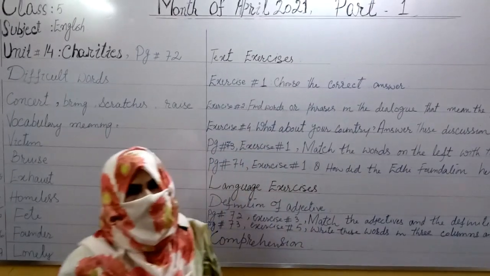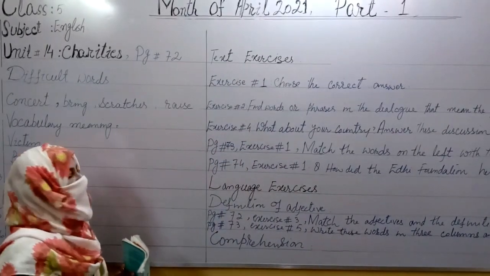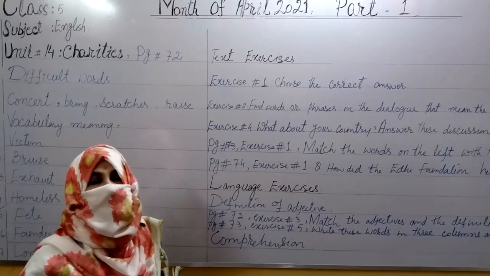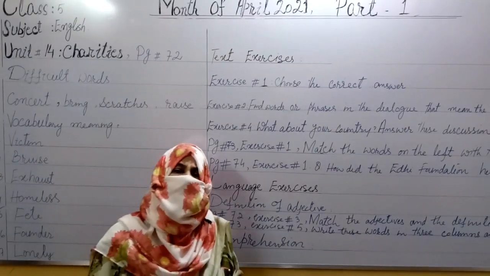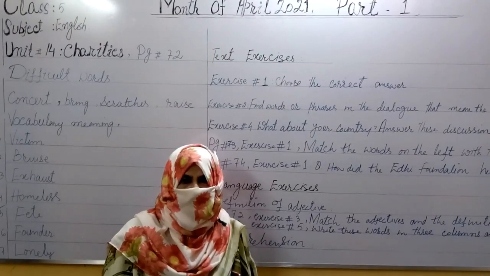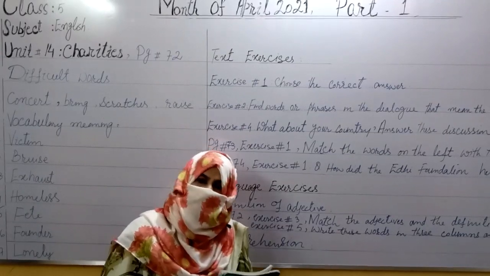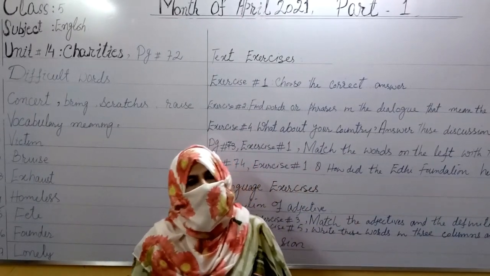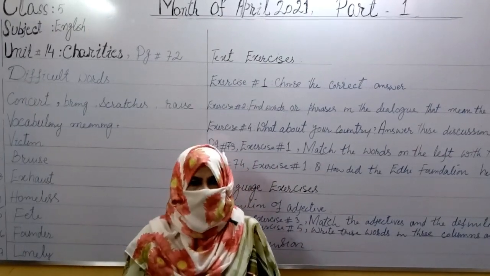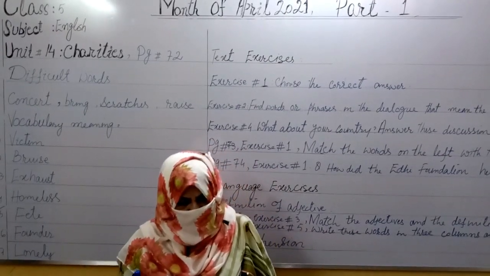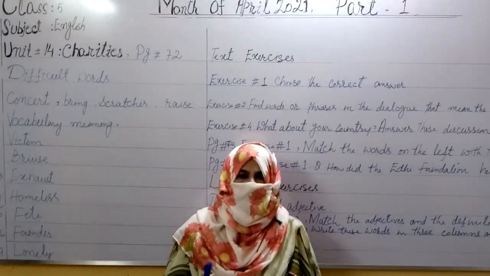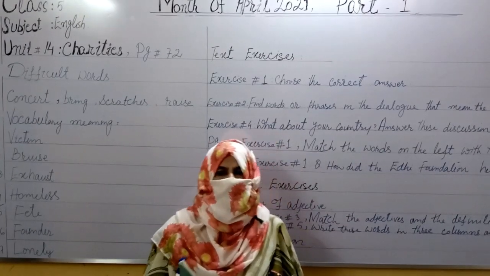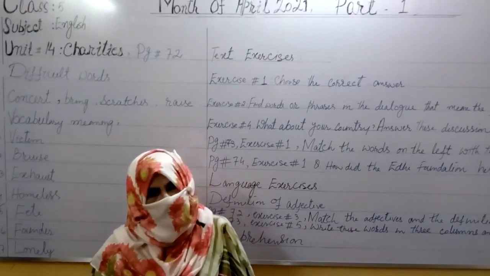In this lesson, a boy whose name was Rizwan, a 10 year old boy, lost his parents in the earthquake of October 2005. And in the village, nobody could help him.